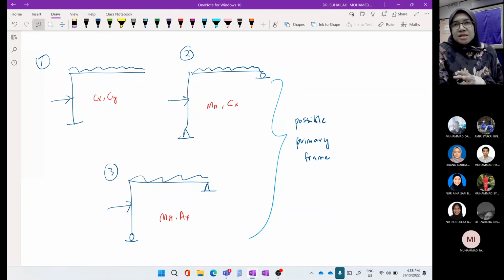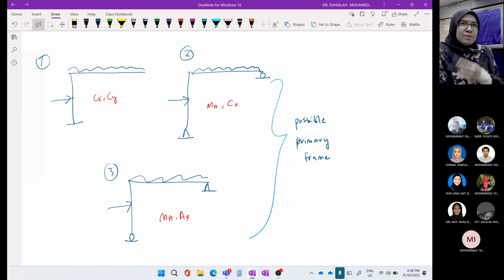So this is option number 2. And number 3, we remain pin at C, but we remove 2 from fixed. So it remains 2 supports, 1 pin, 1 roller as well. So we get this as the third possibility.